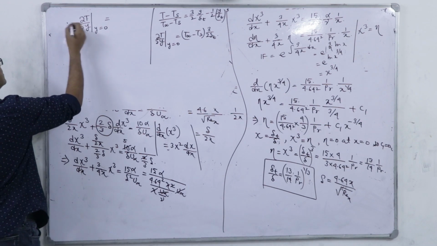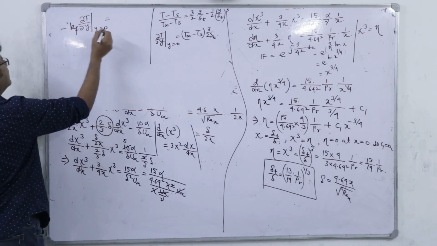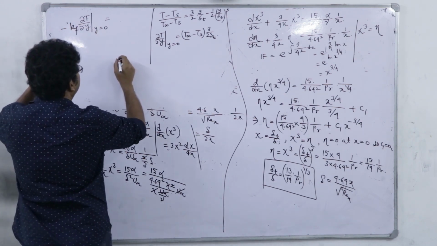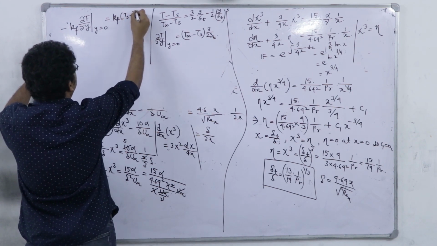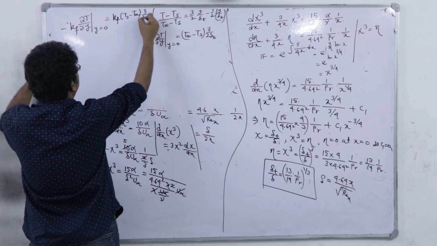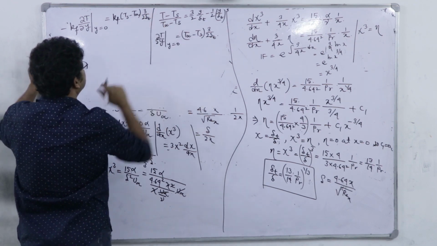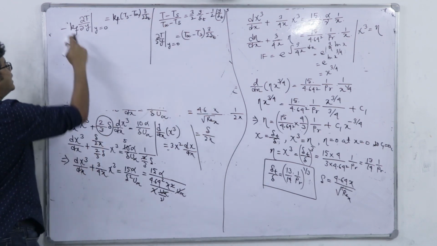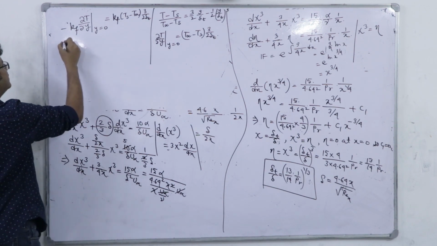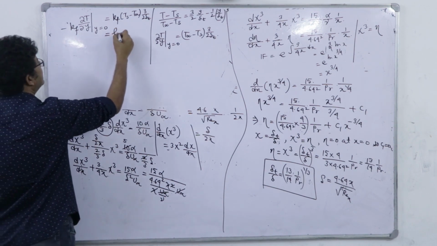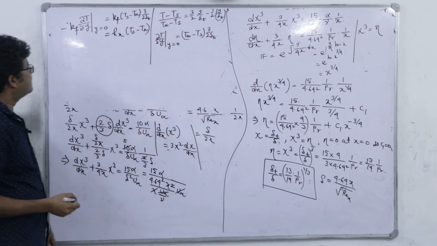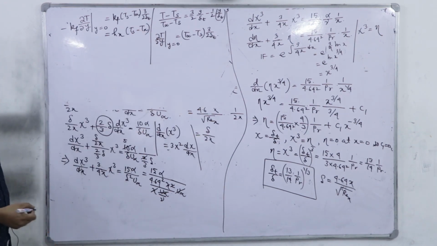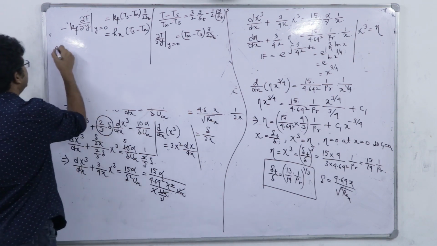So, minus of Kf is equal to Kf into Ts minus T infinity into 3 by 2 delta T. So, that is obvious, we have changed the sign in order to accommodate that minus, and that must be equal to Hx into Ts minus T infinity. Right.